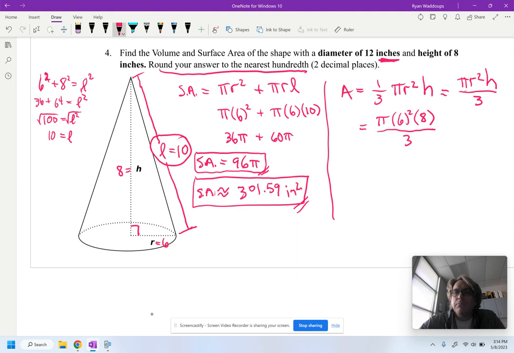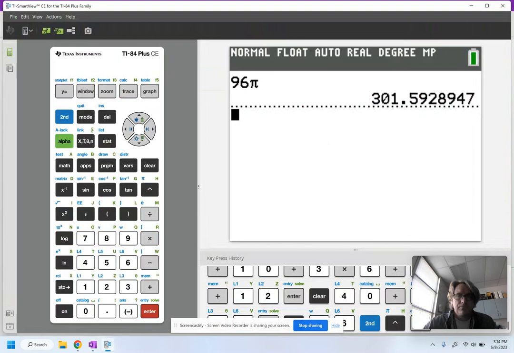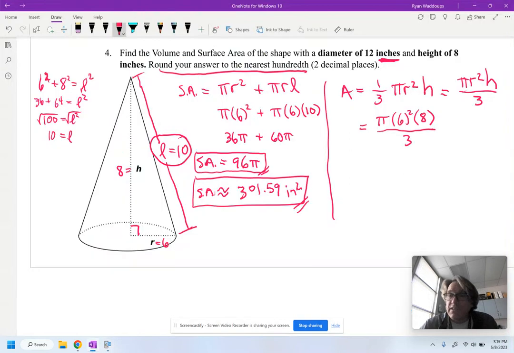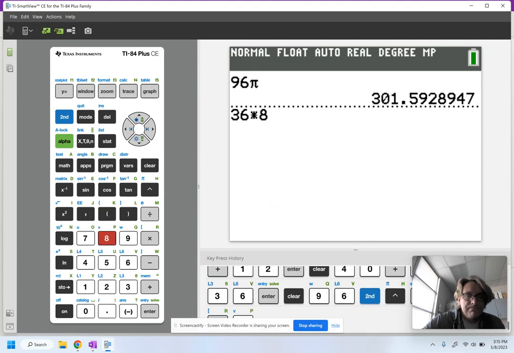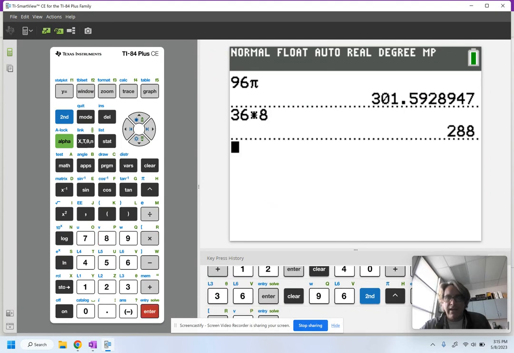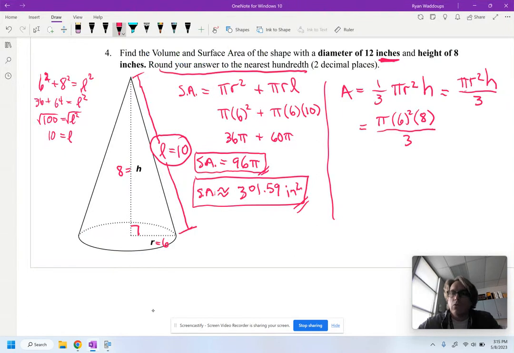And so 6 squared is 36. 36 times 8 gives me 288. So 288 times pi over 3.